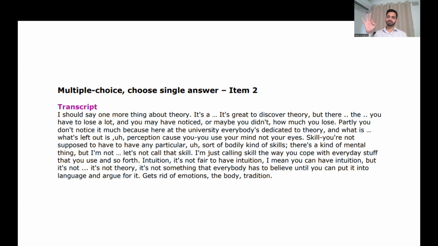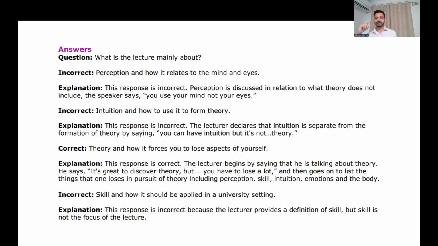It's great to discover theory, but you have to lose a lot, and all of the aspects that you lose, it talks about those, right? So explanation, this response is correct. The lecturer begins by saying that he is talking about theory. He says it's great to discover theory, but you have to lose a lot, and then goes on to list the things that one loses in pursuit of theory, including perception, skill, intuition, emotions, and the body.